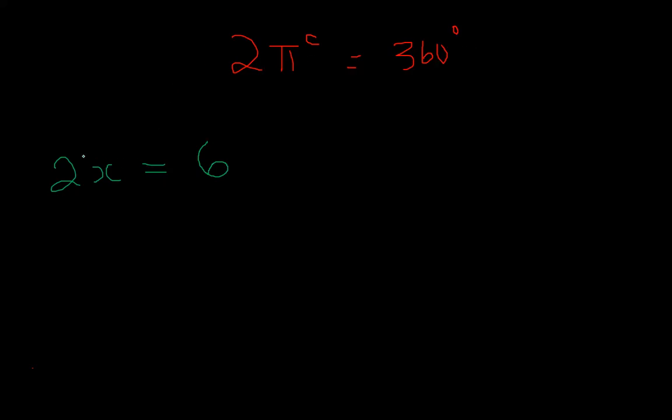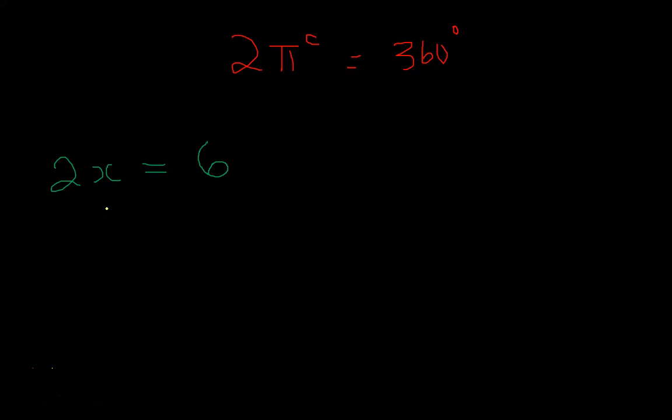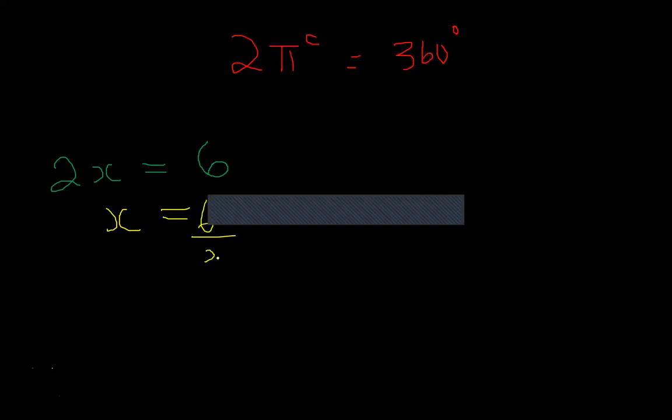Ignoring this in the meantime. Just tell me, what's the value of x here? 3. And how did you get that? 6 divided by 2. X is equal to 6 divided by 2, which is 3, right? Simple thing.